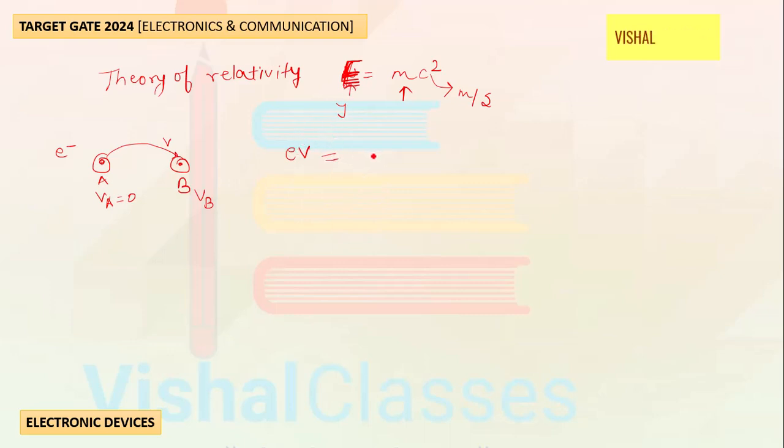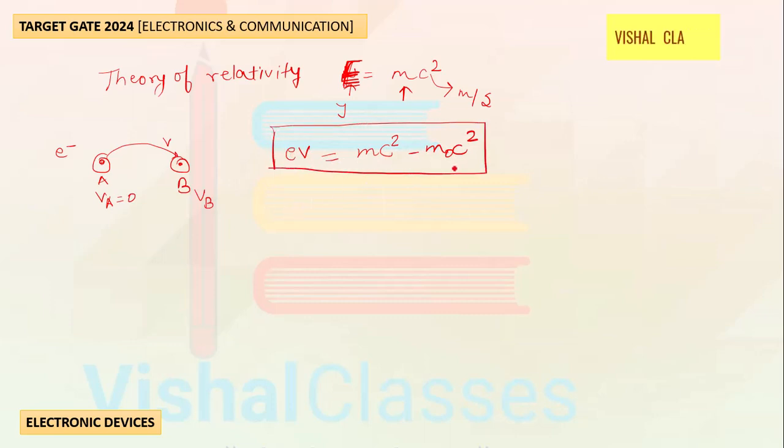This is given as mc square minus m naught c square.